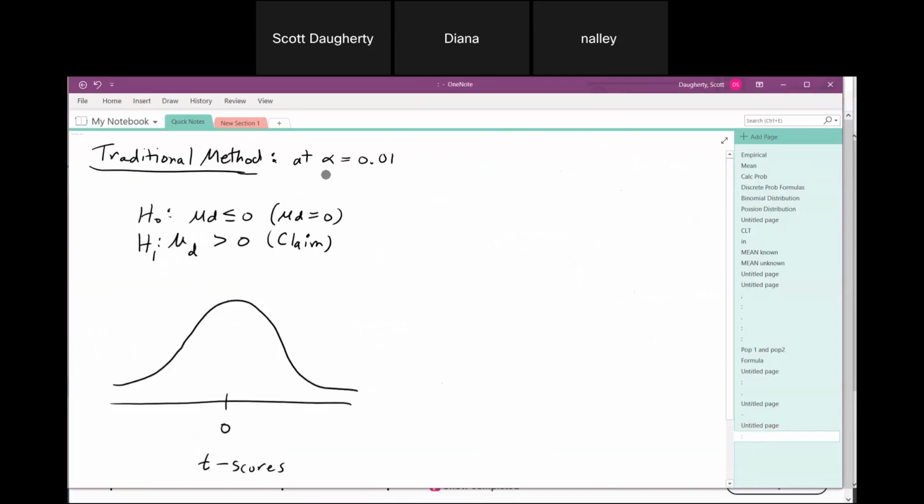And so again, with the traditional method, what you do is you first find the critical values. So that comes from your alpha, your significance level. So we're testing at 0.01, and we have a right-tailed test. And so if you remember, that basically means you have this much area in the right tail. Now, of course, if this had been a left-tailed test and the arrow pointed this way, then it would be 0.01 in the left tail.